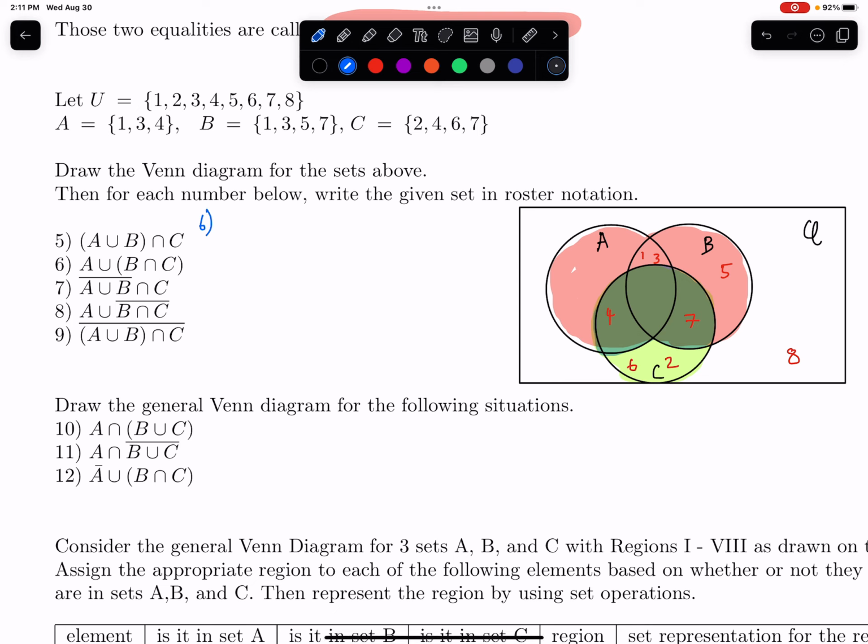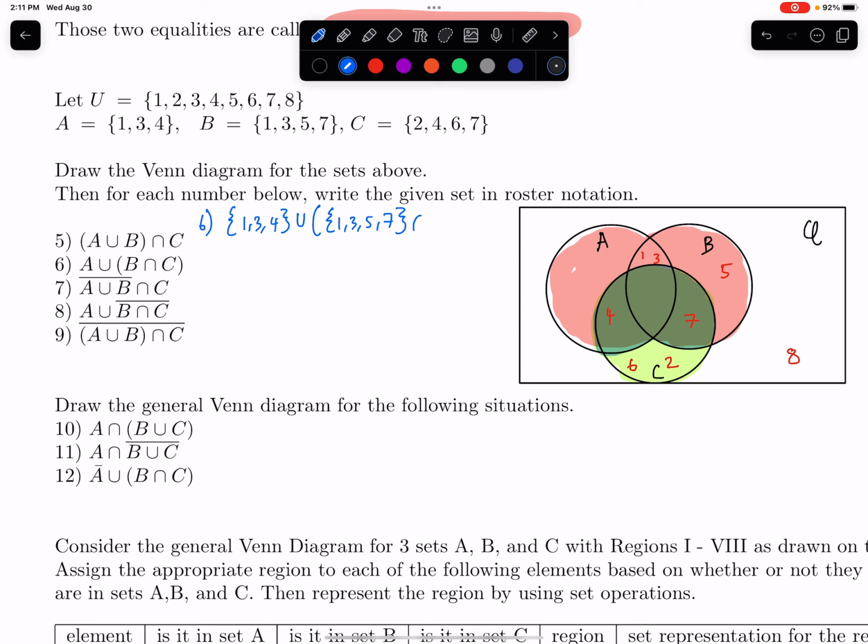Remember I told you guys, the first step to get a free point is to just copy down the question, but with the actual sets here. So I have {1, 3, 4}, that's A, right? Next is the union symbol. And then next is the parentheses after that. And then what's B? Curly bracket, 1, 3, 5, 7.